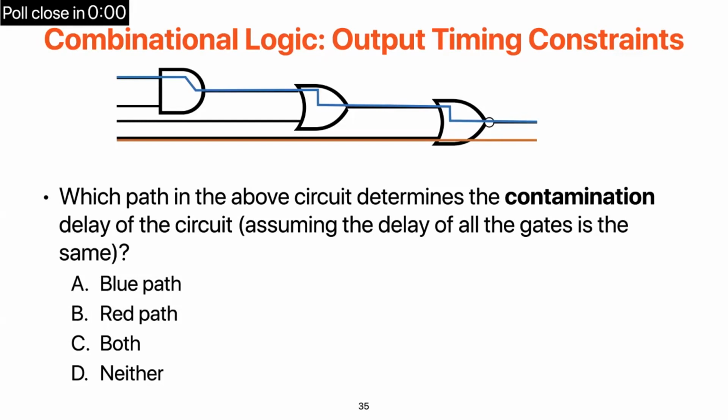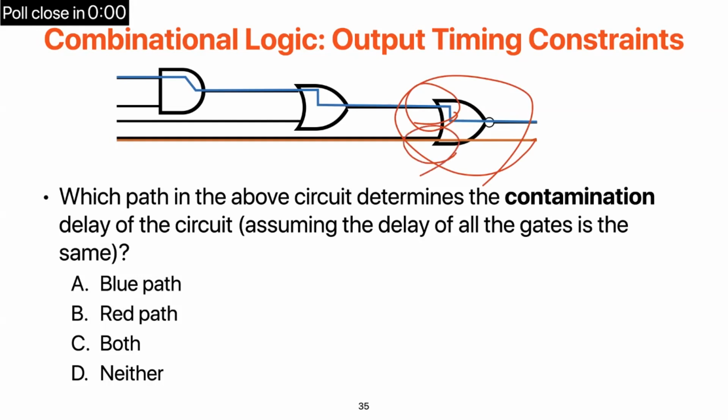So look at this one, right? Where's the final output? Who gives you the final output? The last OR gate, after the NOT gate. Okay. So for this one, where does its input come from? Its inputs are coming from before that gate. So one part of the input is coming from the blue, the other part from the red, right?